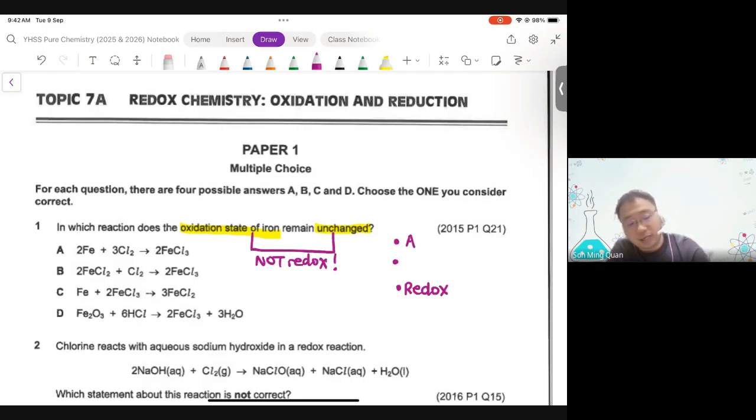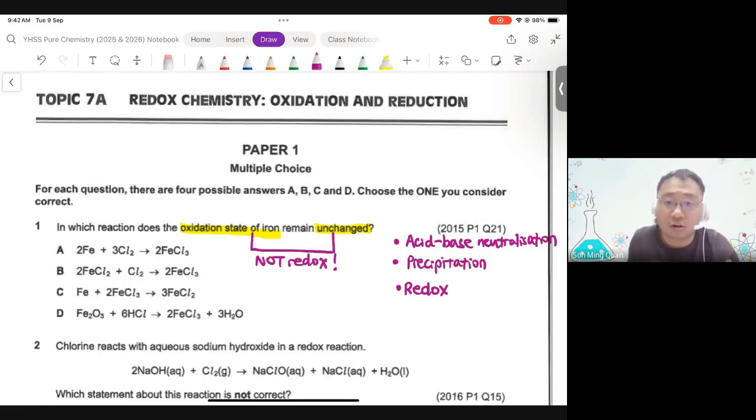The first one is acid base neutralization. This is acid plus base forms salt and water. So acid base neutralization is not redox. The next one, precipitation. If you are forming a precipitate that's insoluble, all right, that's not redox. Okay, so there are 3 types of reactions in this world, and here are the 3 types.